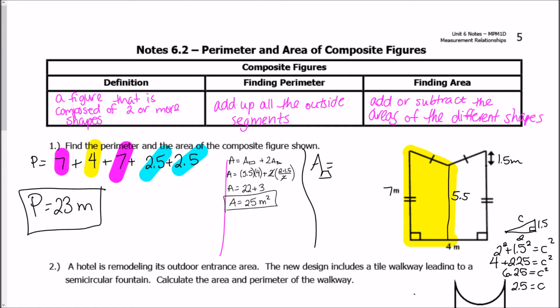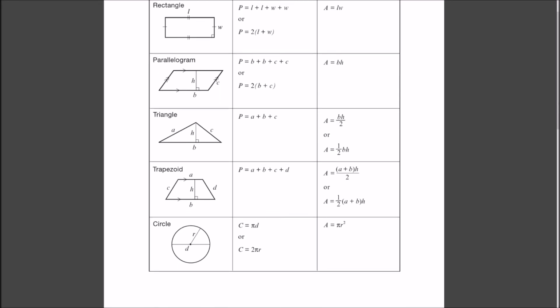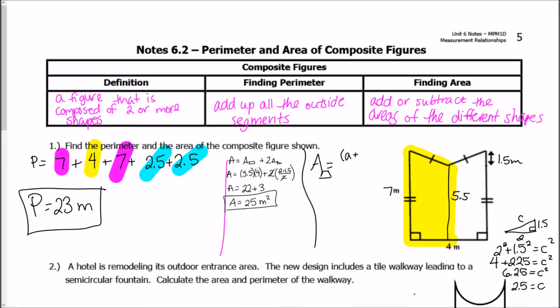So we'll find the area of the trapezoid, and the formula is A plus B, so we're going to use the formula that we have right here. So it's going to be A plus B, the two bases, times the height divided by 2. Okay, so I'm going to say A plus B times the height divided by 2.